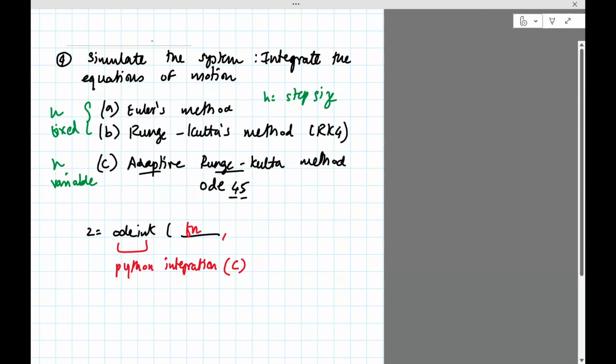It needs the initial condition. What it means is you need to start this projectile with a certain position and certain velocity that will come in initial condition. Then you need to give it the time over which you want to integrate, and then there are some additional arguments. Okay, I'll show you this function.